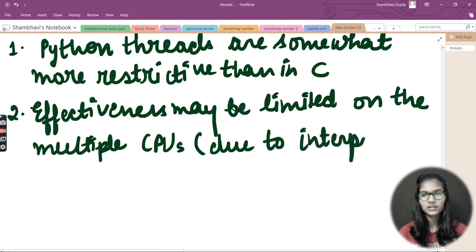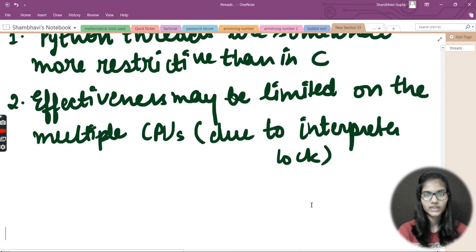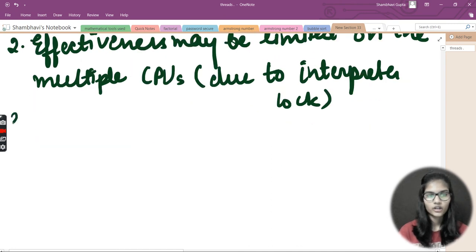This is the reason that the effectiveness may be limited on multiple CPUs: the interpreter lock.